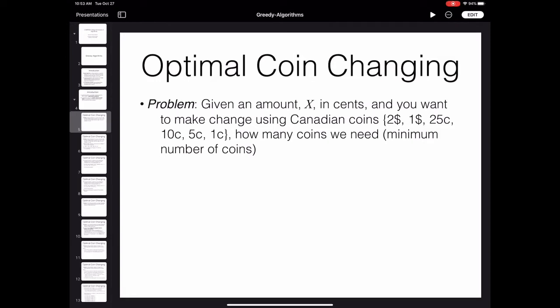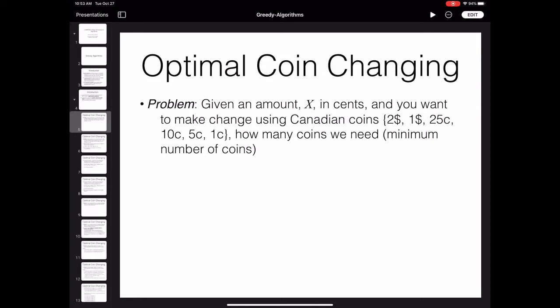One of the famous examples of a greedy algorithm is optimal coin changing with specific denominations, like the Canadian coin system or the American coin system. Let's talk about the Canadian coin system.